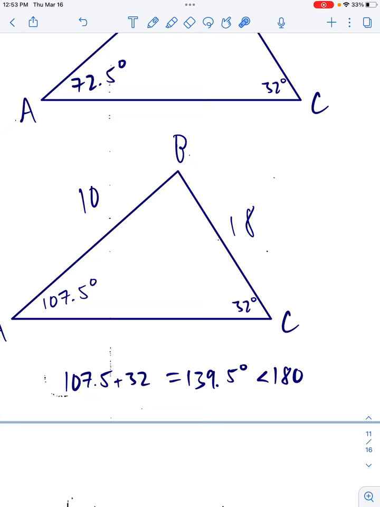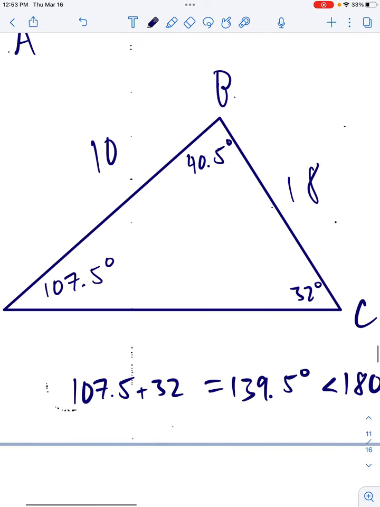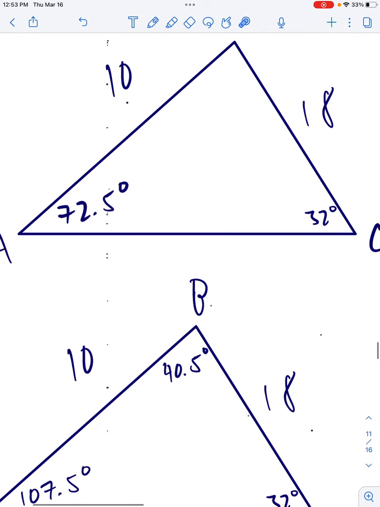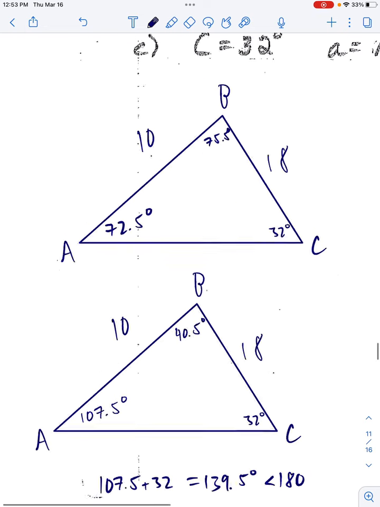So that third angle is 40.5. Again, I just got that by adding up all my possible angles here. They have to all add up to 180. And then this triangle up here, it's going to be 72.5 plus 32, 180 minus that answer. In this triangle, that third angle is 75.5 degrees, okay?